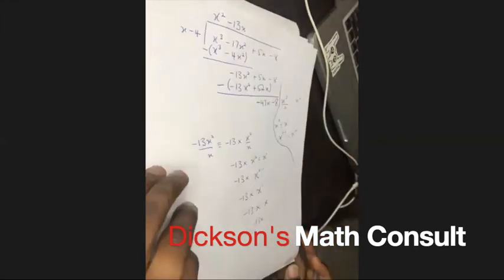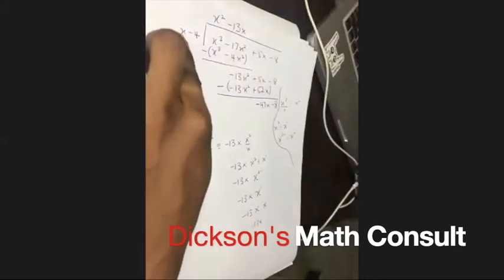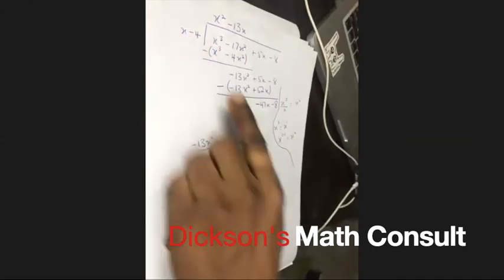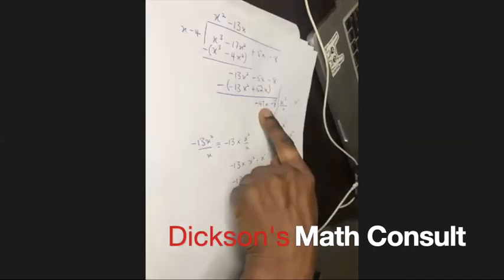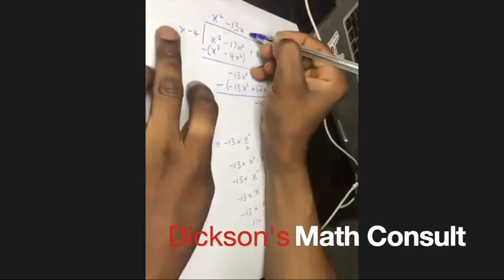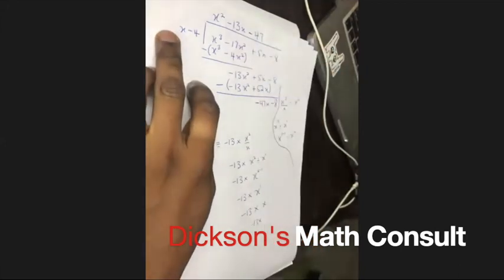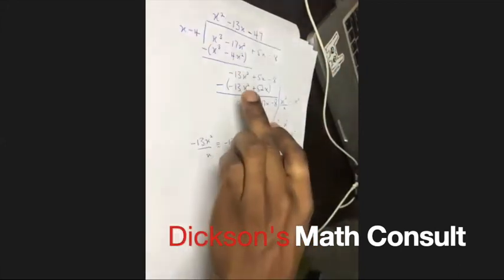So my next step is to find out the number of times x is going into negative 47x. Negative 47 times. Good. So I have here negative 47. Then I multiply through again.